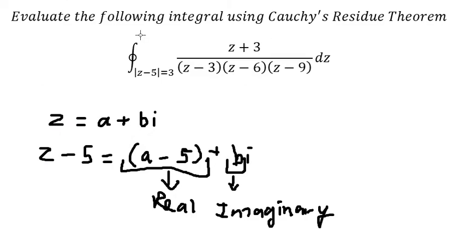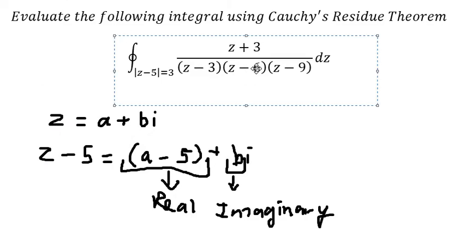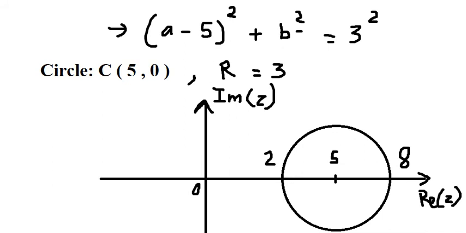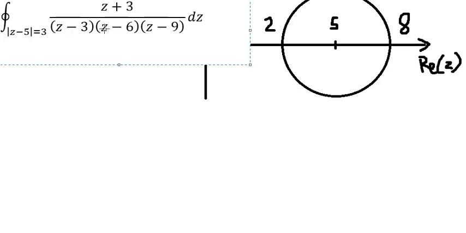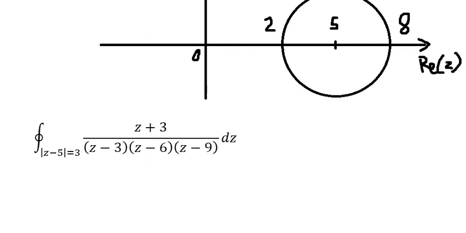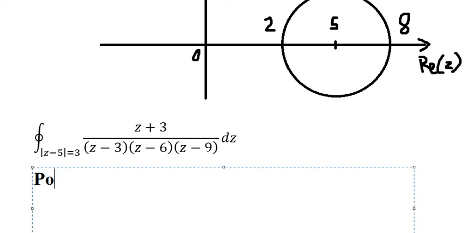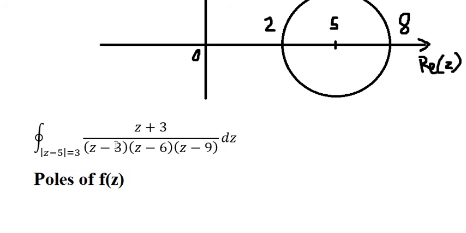And now let's go to this function. We need to consider the poles of f of z in here. So we need to concentrate on this one, which is the denominator.